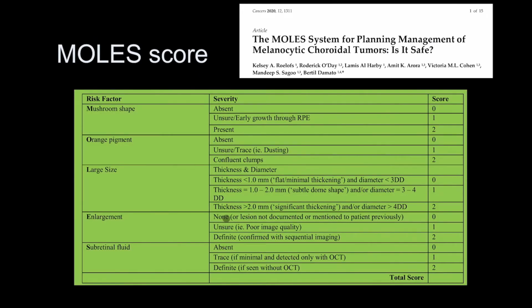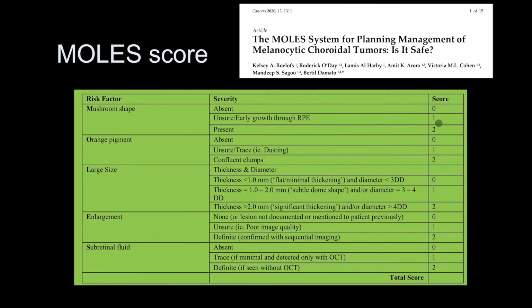There is an alternative way of judging the nature of the nevus or mole, known as the mole score, which Bertil Damato, who's been working in our department, has recently published. And here we're looking for the mushroom shape, orange pigmentation, large size, enlargement on serial follow-up, and subretinal fluid developing.